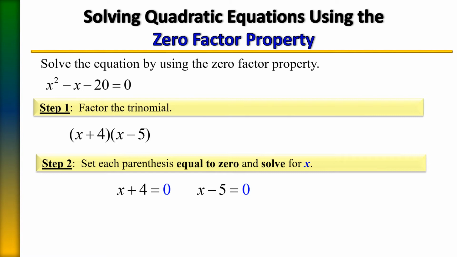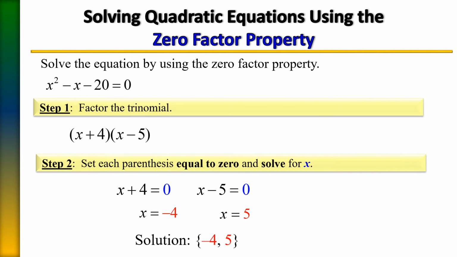Starting with the first one, I need to subtract 4 from each side, and x will equal -4. For the other one, I need to add 5 to each side, and x equals 5. So my two solutions are x equals -4 and x equals 5.